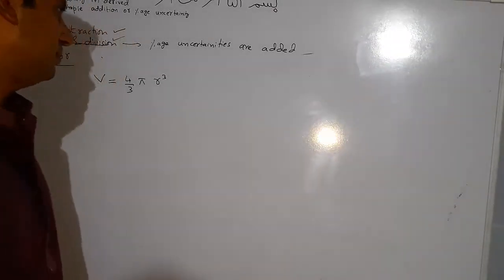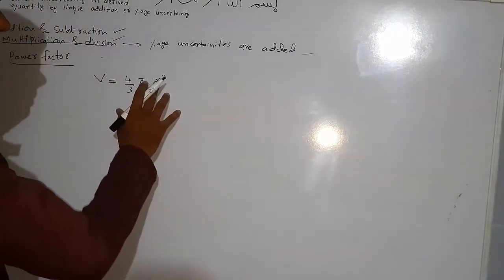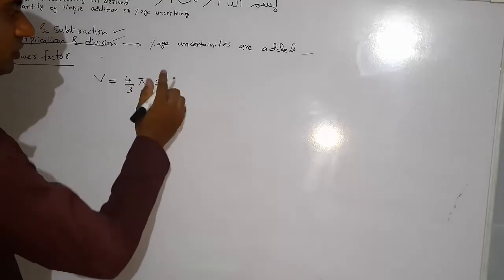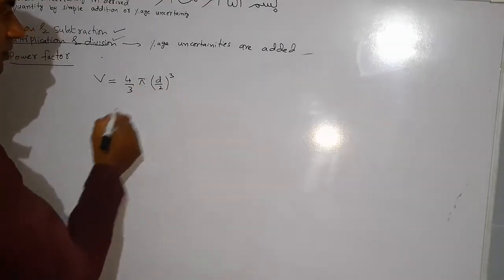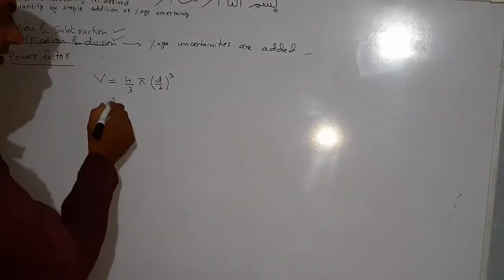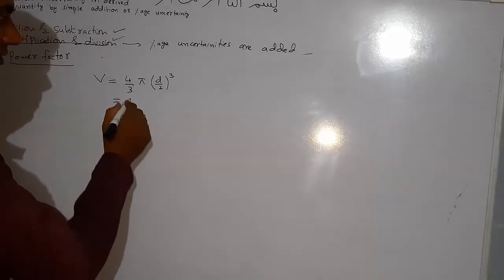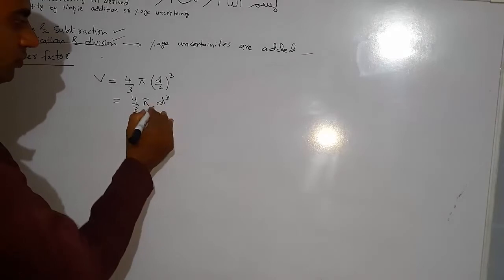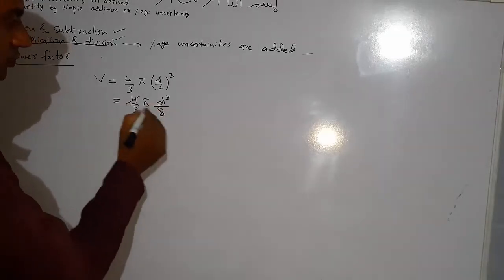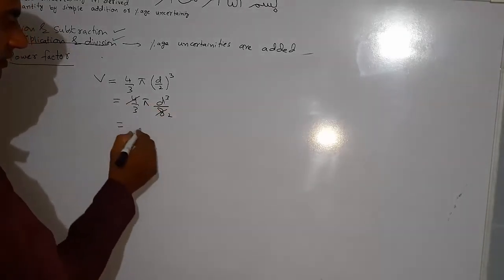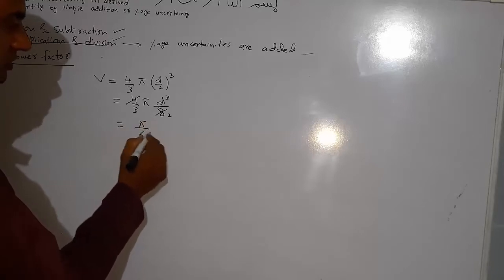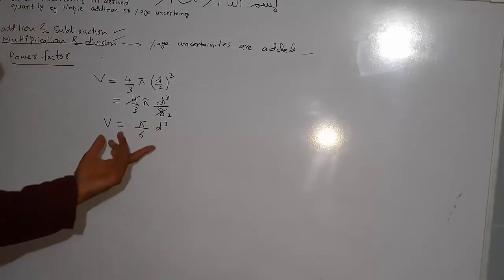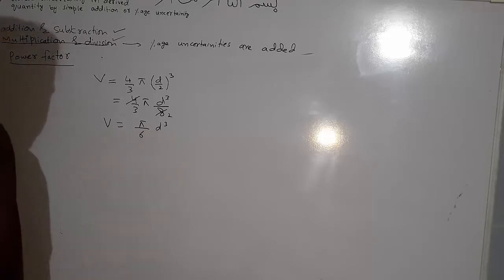So it's better to write d over 2 cube, although we know that radius is half of the diameter. More simply we can write 4 over 3 pi d cube over 8, which becomes pi over 6 d cube. Yes, the volume of the sphere is pi over 6 d cube.